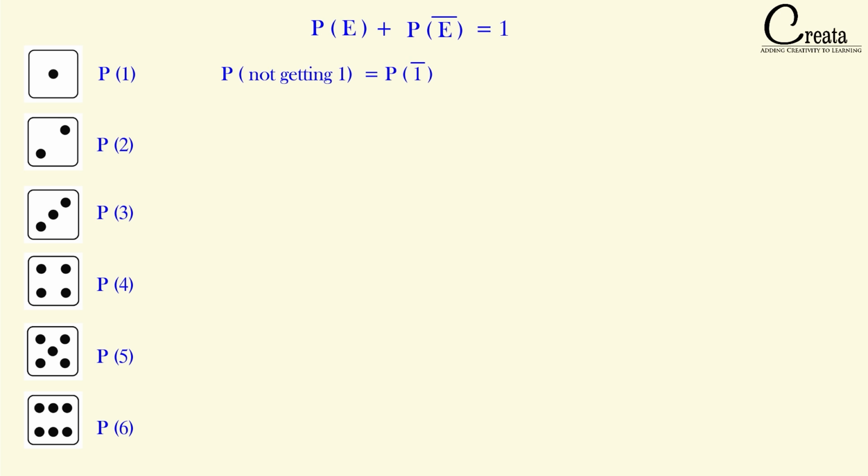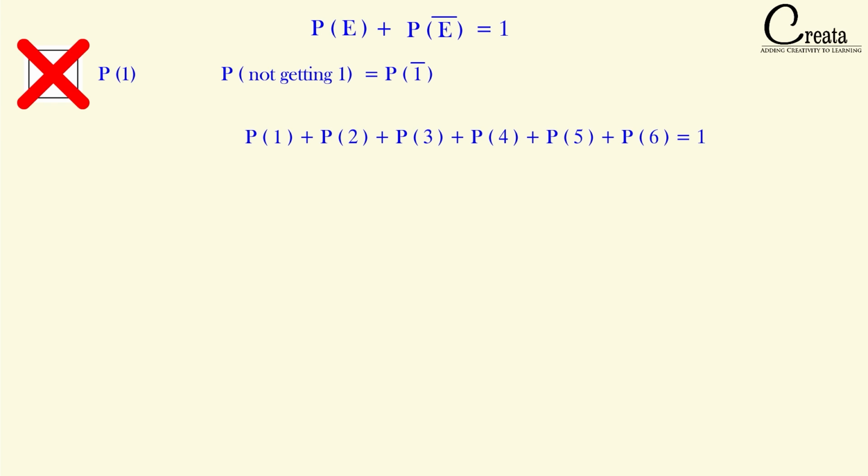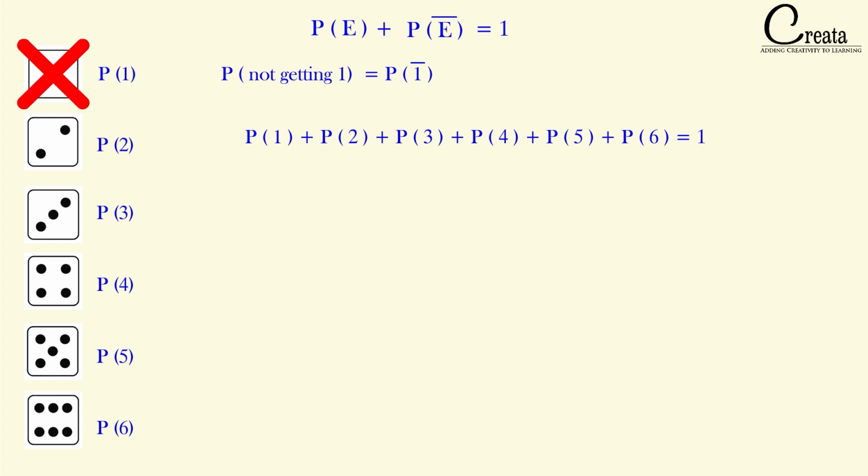So again we will denote it as P1 bar. It means the probability of not happening the event 1. Okay, let's again use the same concept. We know addition of all the probabilities is equal to 1, that is P1 plus P2 plus P3 plus P4 plus P5 plus P6 is equal to 1. Can we say probability of not getting 1 is, we can get 2 or 3 or 4 or 5 or 6.